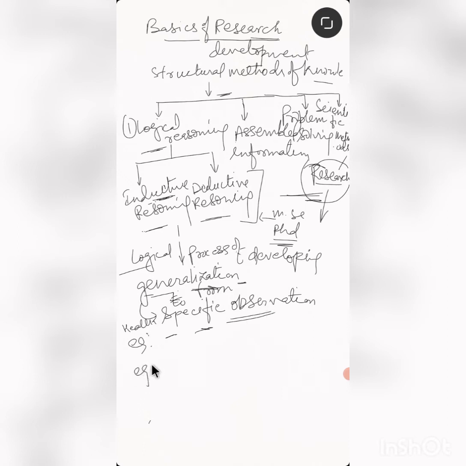As an example, I am taking one example from the health sector.